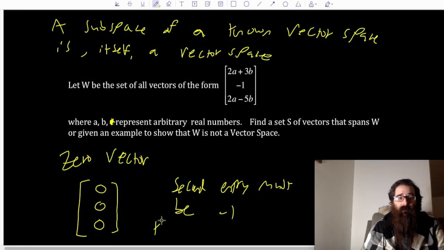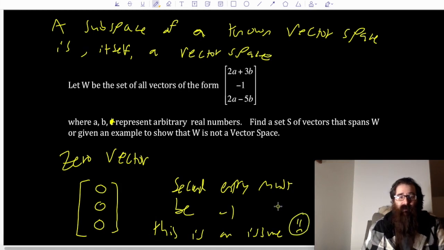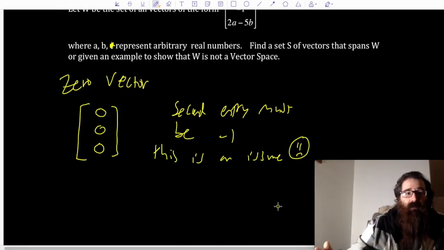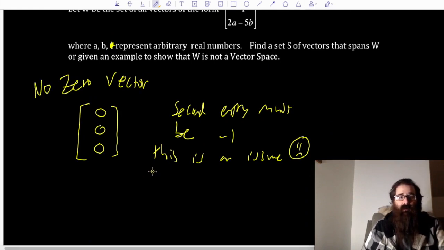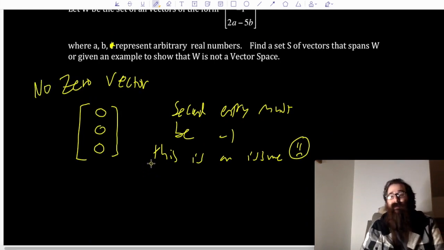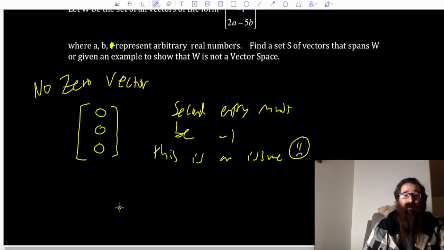This is an issue. Sad face. I don't have the zero vector. So we'll say that there's no zero vector in our set. That's not the only issue, right? In fact, if I want to show that I'm closed under addition, I'm not.